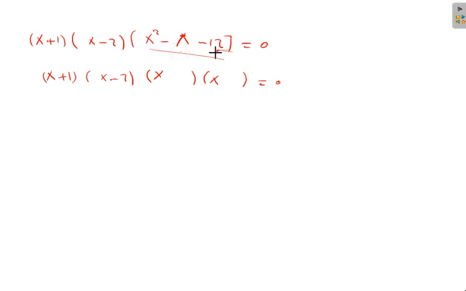It can be 6 multiplied with 2, no, 4 multiplied with minus 4 and plus 3. Now minus 4 plus 3 gives me minus 1, and minus 4 multiplied with 3 gives us minus 12. So the roots are x equals minus 1, 2, minus 3, or 4.